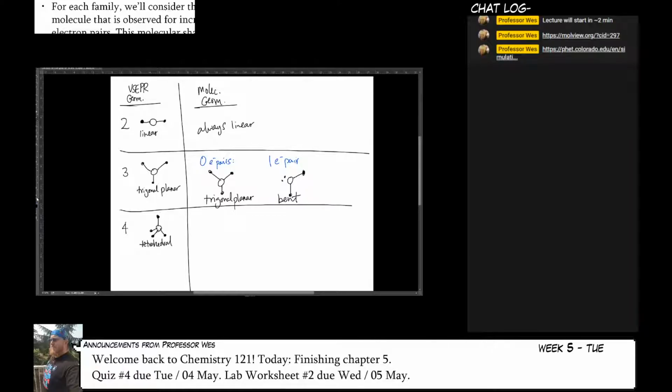And then down here for 4 electron groups, I can do the same thing with 0, which still makes a tetrahedron. Or I could have 1 electron pair, which makes that squished pyramid that we had, which we called trigonal pyramidal.